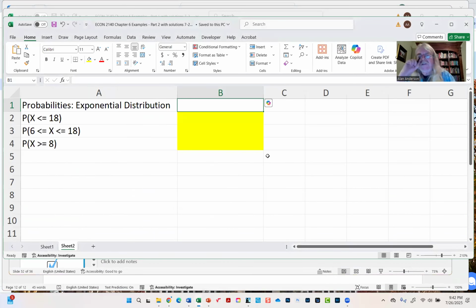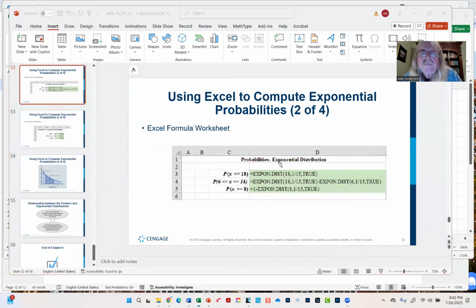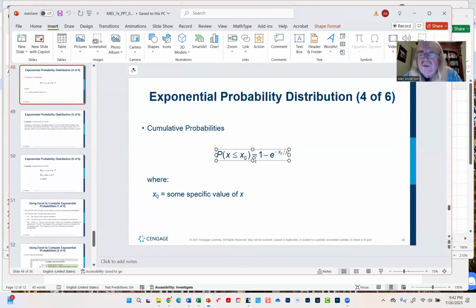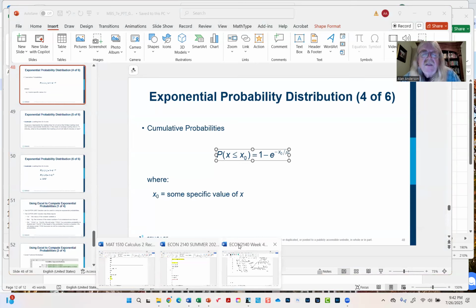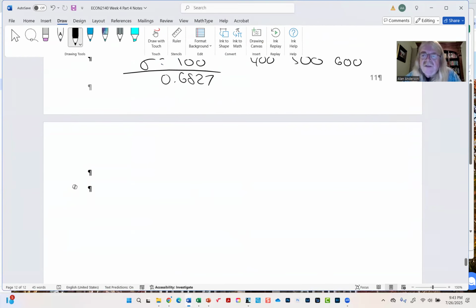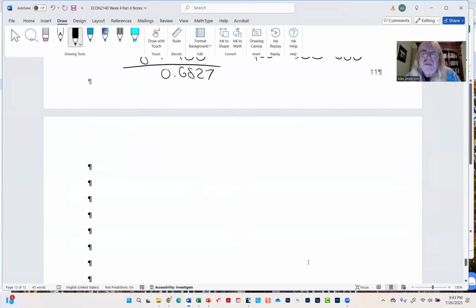Okay, so let's just quickly run through this. This is the formula we're going to use. This is our less than or equal to probability. And this one, I was saying this before, it's not that important, but compared to the normal, the normal is used constantly in statistics.